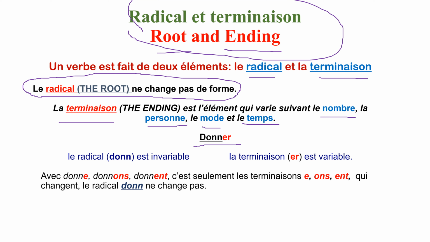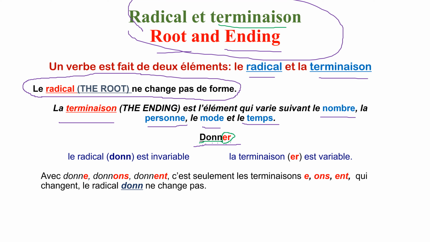Let's take, for example, le verbe donner, D-O-N-N-E-R. I have color-coded it for you. ER here is the ending, which is la terminaison. D-O-N-N is the root or le radical. D-O-N-N in black here does not change.